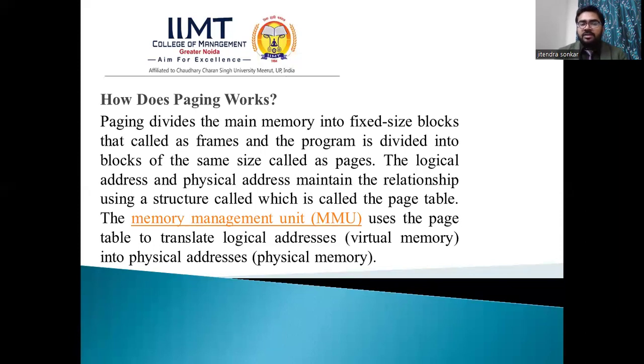The page table is maintained by the memory management unit. The page table translates the logical address into the physical address, mapping it to allocate memory to the process.